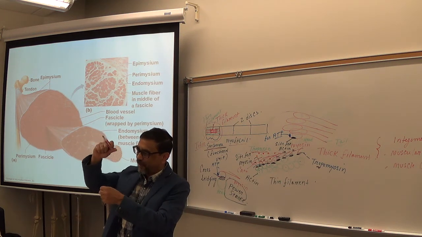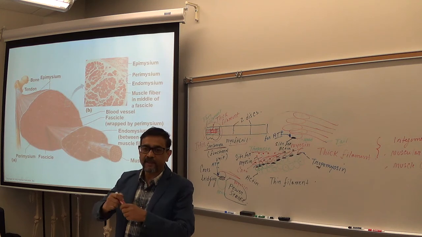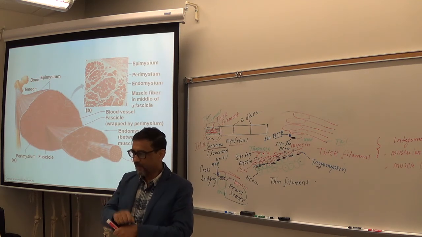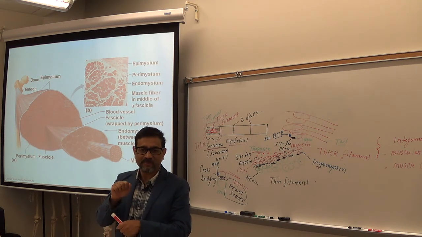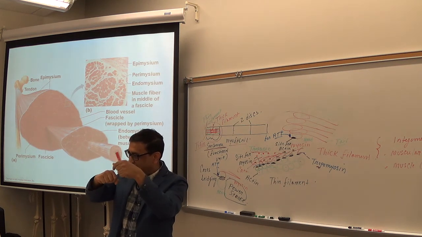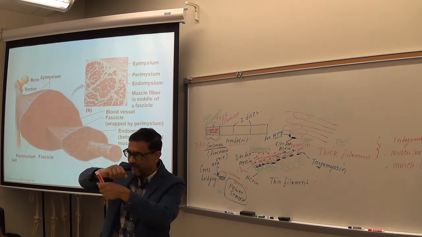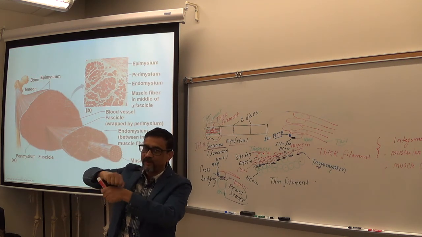So now the myosin head will get attached, right? So that attachment is called what? Cross bridging, right? And then ATP will come, get attached to the head of myosin, right? And you know that ATP gives energy to do what? Flexion of the head. Make sense? And that is called the power stroke.